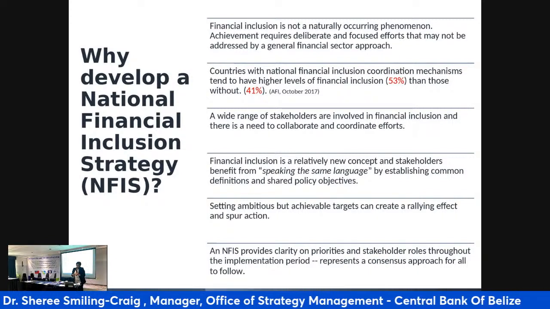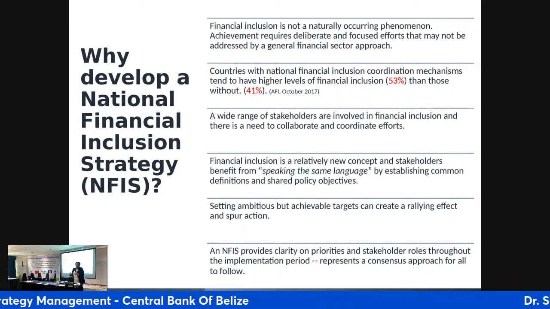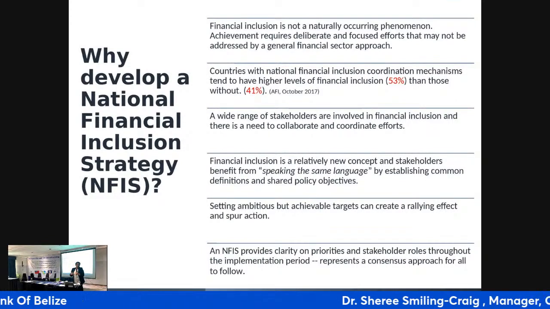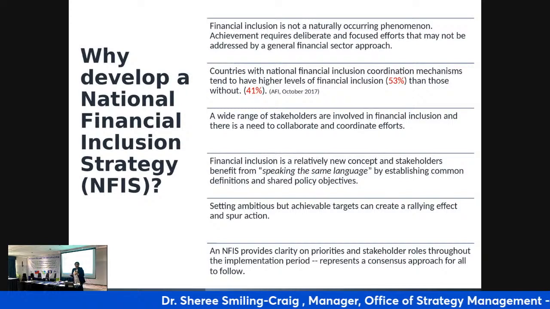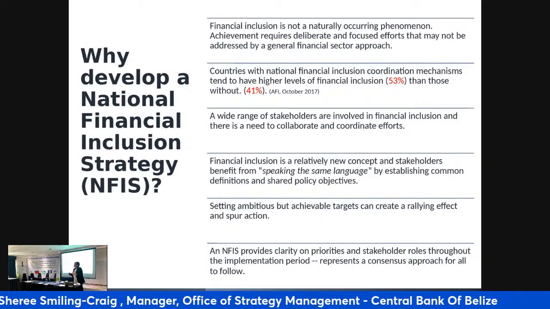We also wanted to have a strategy where every individual could pick up that strategy and understand what the priorities are. So we had to decide on those priorities for our country and the role of each stakeholder.